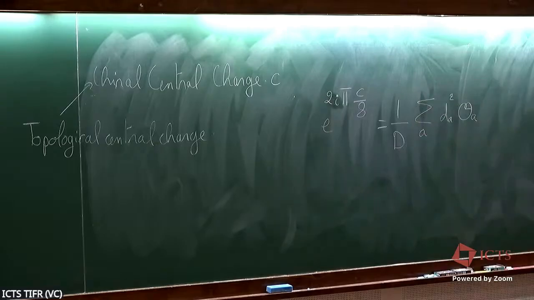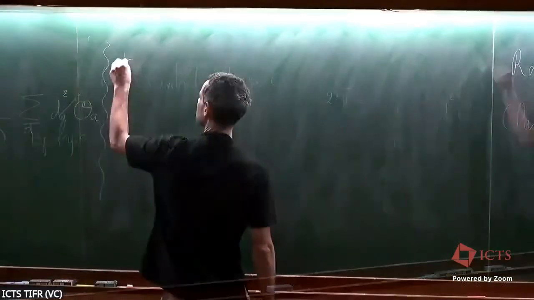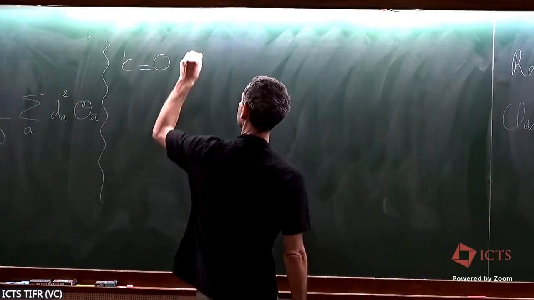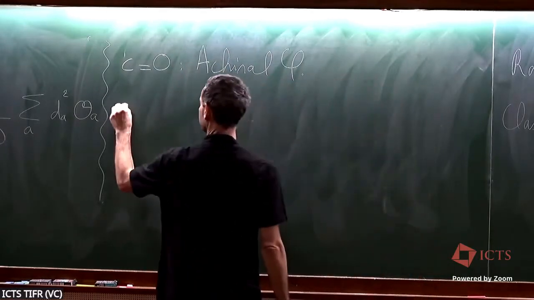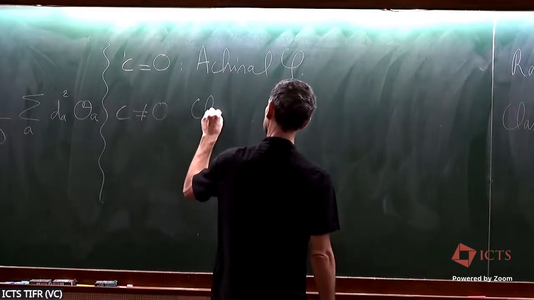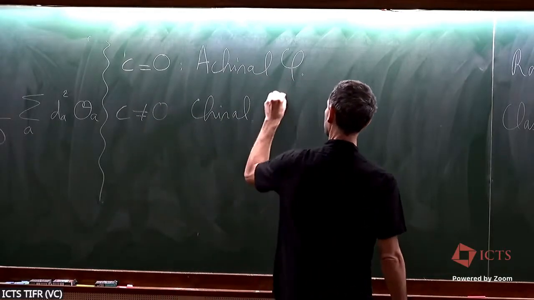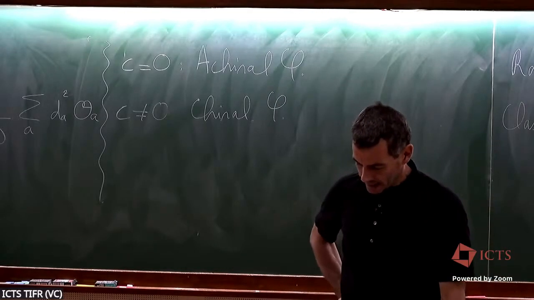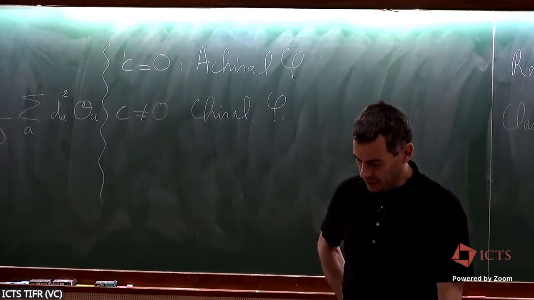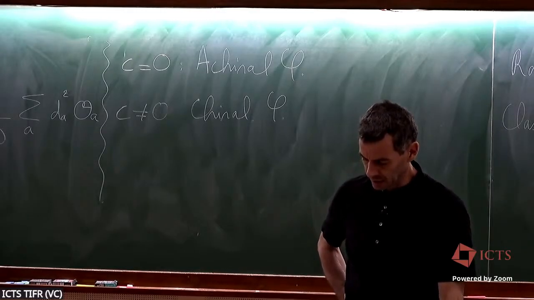This central charge has several physical meanings. One should distinguish two sets of UMTCs, or two sets of topological phases, or two sets of anyon theories: the ones for which c equals 0, which are called achiral phases, and c different from 0, obviously chiral phases. Physically, this chiral central charge can be related to some physical quantities.